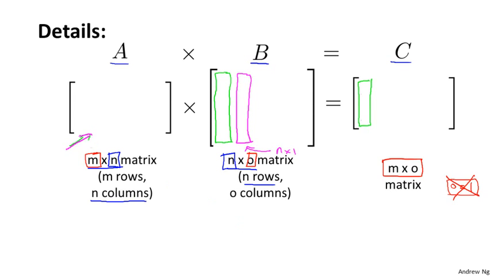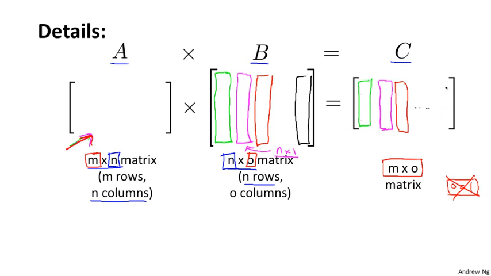I multiply this matrix with this n by 1 vector, the result will be an m-dimensional vector, which I'm going to put there, and so on. Then I take the third column, multiply it by this matrix, get an m-dimensional vector, and so on until the last column of B times the matrix gives you the last column of C.